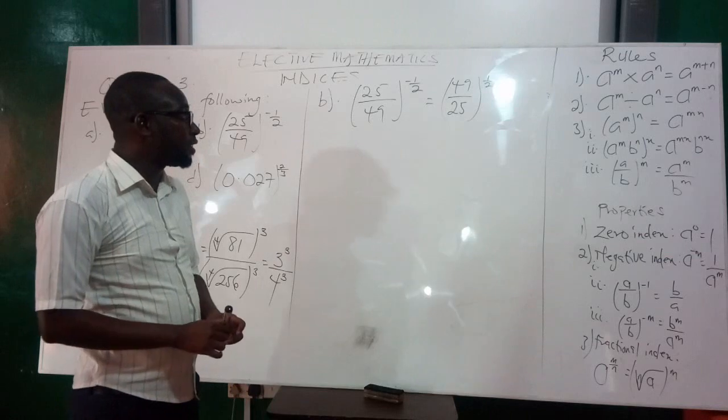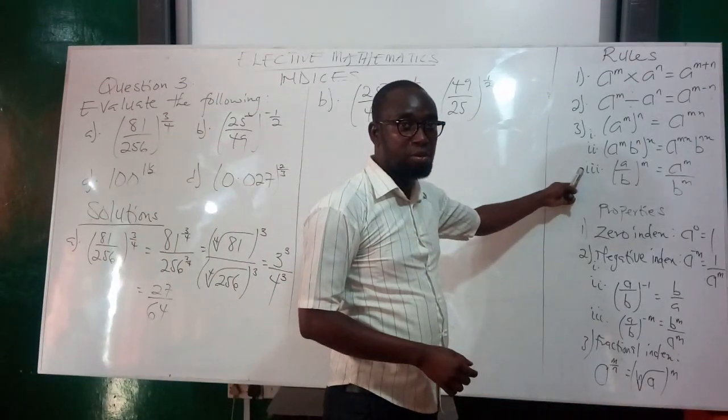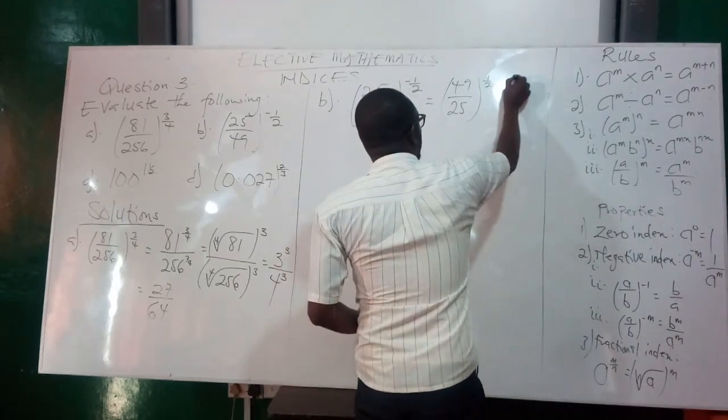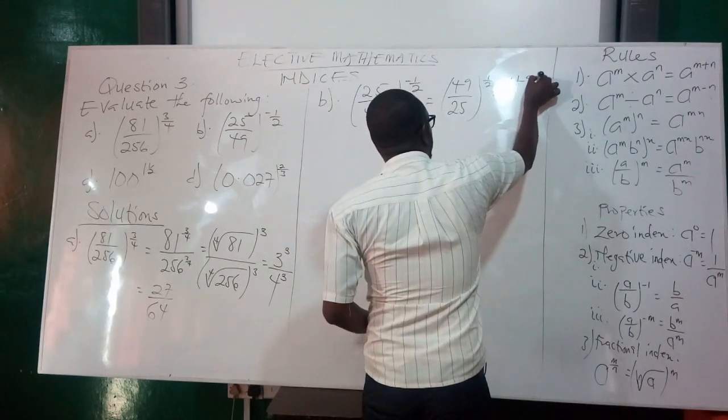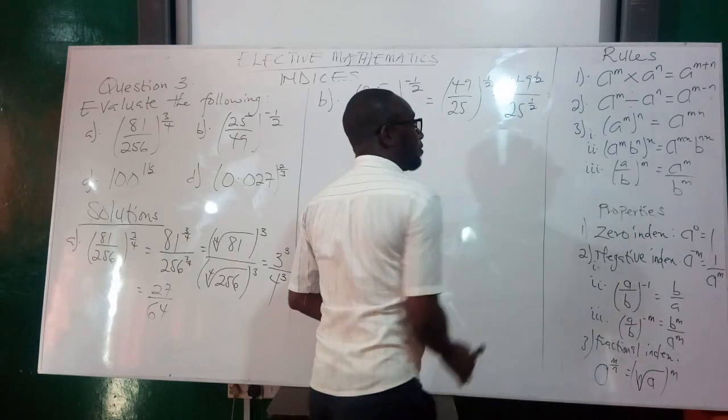Now we are using the third rule, which we have over here, that is the power of a quotient. So you can write this as 49 exponent half over 25 exponent half.